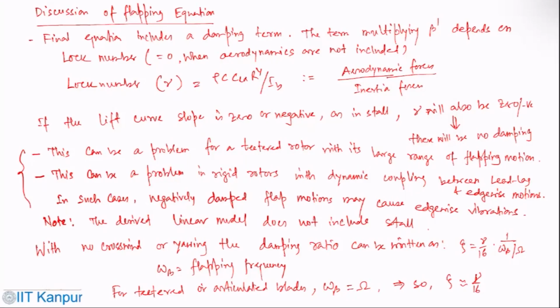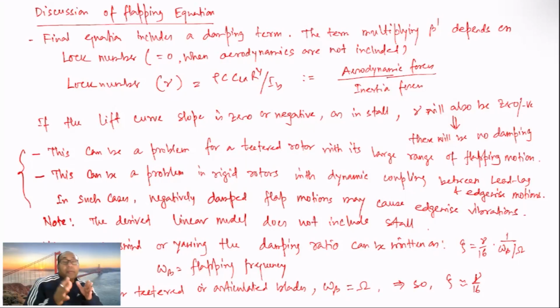That means one of the issues in the final equation is that the damping term which is included, the term multiplying beta prime, includes the Lock number, and one can treat the Lock number like a ratio of aerodynamic forces to inertia forces. So Lock number goes to 0 when there are no aerodynamic forces. And if the lift curve slope is 0 or negative, which is also stall, the Lock number is going to be 0 or negative.